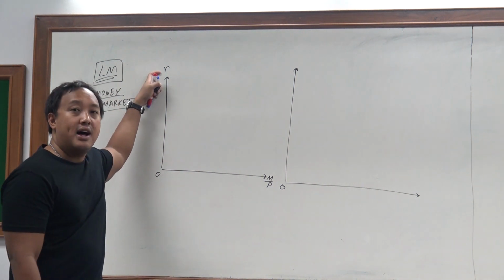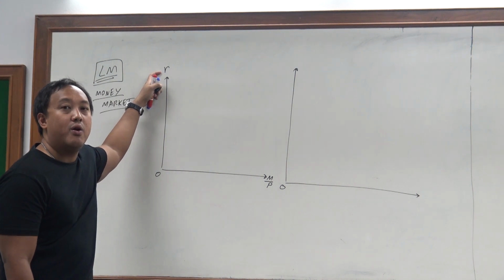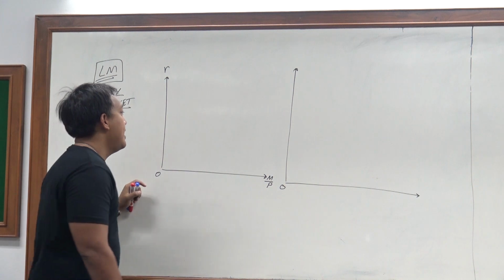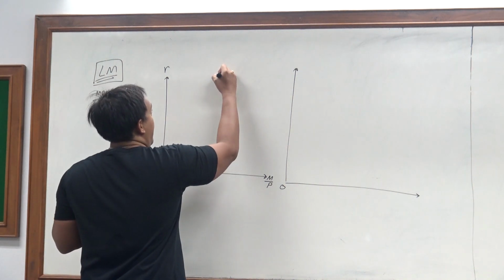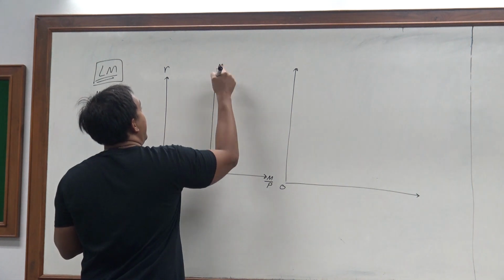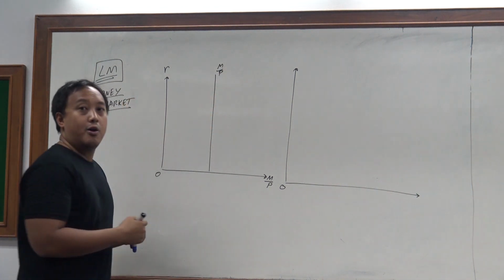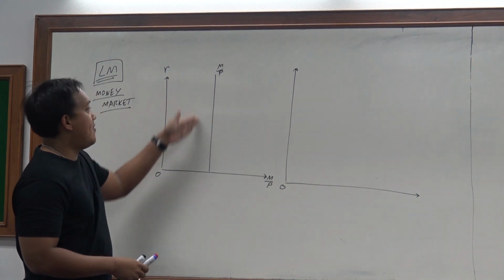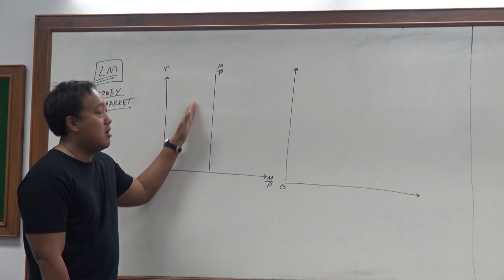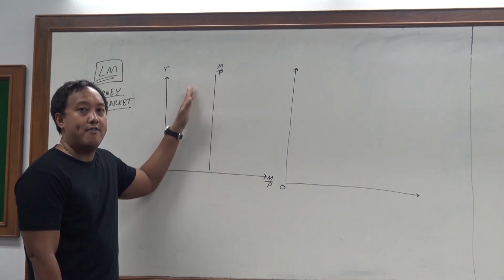Here the R stands for the real interest rate. The real interest rate is the price of money. Then you have the real money supply curve like this, M over P. The real money supply curve is always vertical. Why is it always a vertical line?